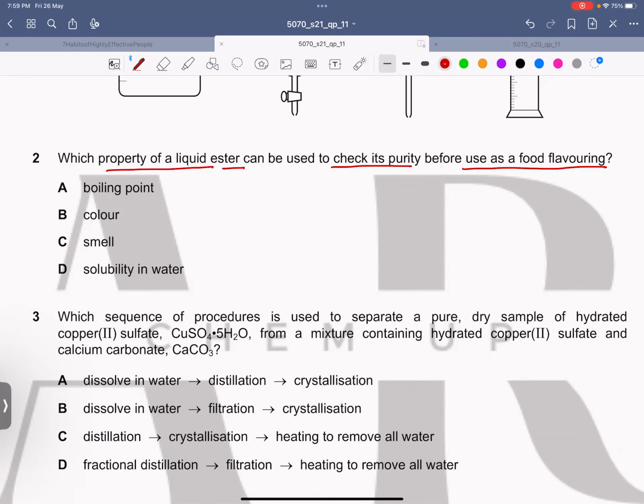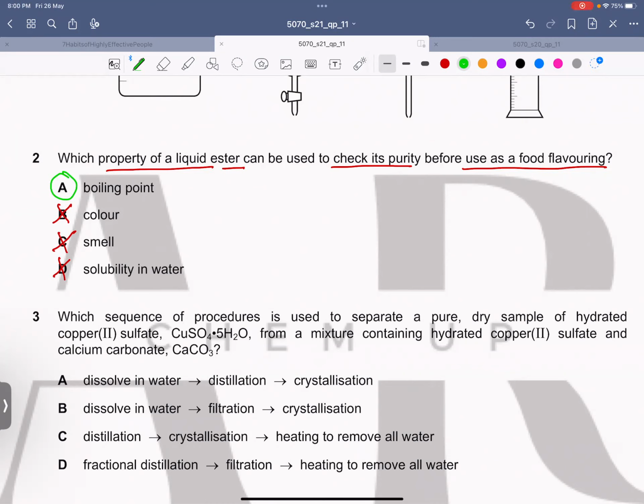To check the purity of any liquid, we will check its boiling point. If the boiling point is sharp and at a fixed temperature, then we consider it as a pure substance. So B, C, and D go wrong, and A is the correct answer.